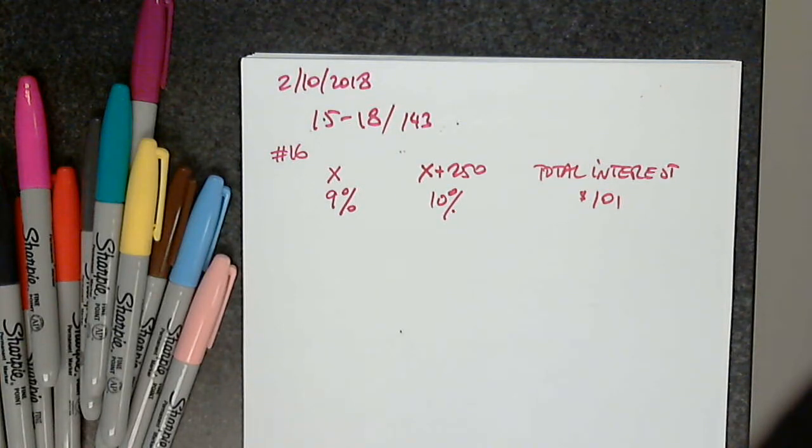Karen invested some money at 9% annual simple interest, and 250 more than that amount at 10%. So far, so good? If her total yearly interest was 101, how much was invested at each rate? Any questions?